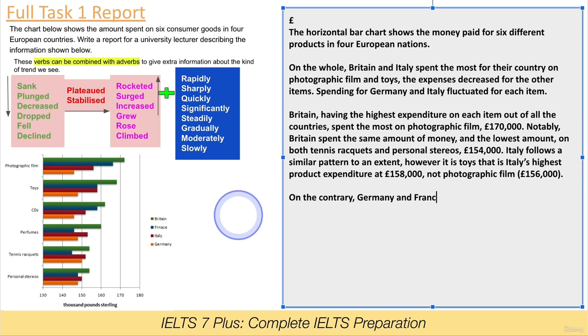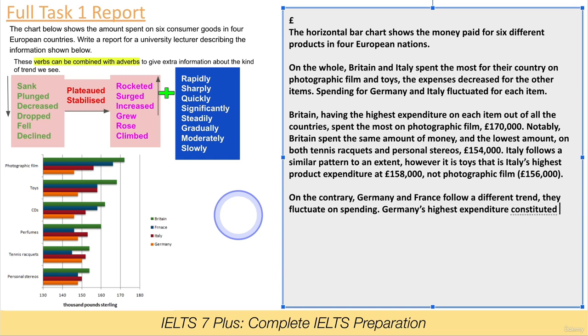Germany and France follow a different trend. They fluctuate on spending. Germany's highest expenditure. Trying not to repeat ourselves, even though it's quite hard sometimes.